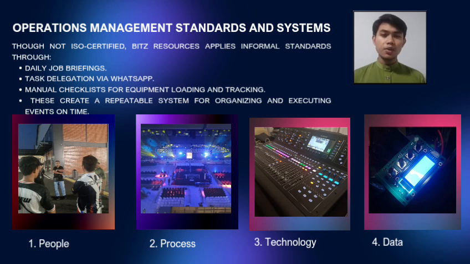Boss and manager will give tasks on WhatsApp. Third one is manual checklist for equipment loading and tracking, where I, as an operation assistant, will check all of the equipment and track them all. And then lastly, we create a repeatable system for organizing and executing events on time.